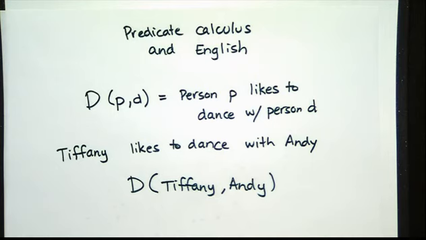So if I know a number, like I want to multiply something by 5 in my program, I don't make a variable and set it to 5 and then use that variable everywhere. I just put 5. You know who Tiffany is? Put her in there. You know who Andy is? Put him in there. So don't make it harder than it is. Don't say there exists Nancy, there exists Andy, there exists Tiffany, blah, blah, blah. That's ridiculous. We use variables when we don't know things. When we know them, we use them.